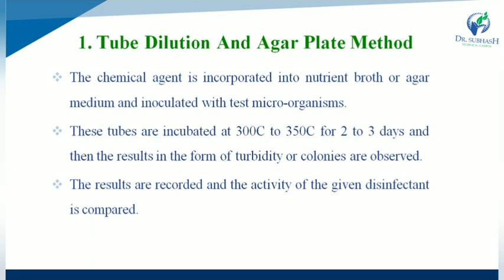These tubes containing chemical agents plus test microorganisms are incubated at about 30 to 35 degrees centigrade for about 2 to 3 days, that means 48 to 72 hours, and then results are observed as turbidity or colonies, recorded, and the activities of the given disinfectants are compared.